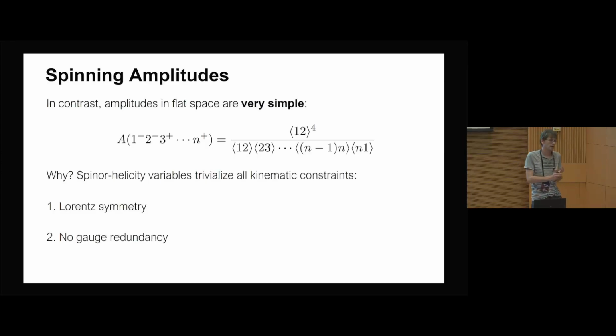And secondly, they trivialize the fact that the particles that we are scattering are massless. The way they do this is by not being redundant variables. In these variables, there is no gauge redundancy whatsoever, unlike other variables like momenta and polarization vectors, which are very redundant.